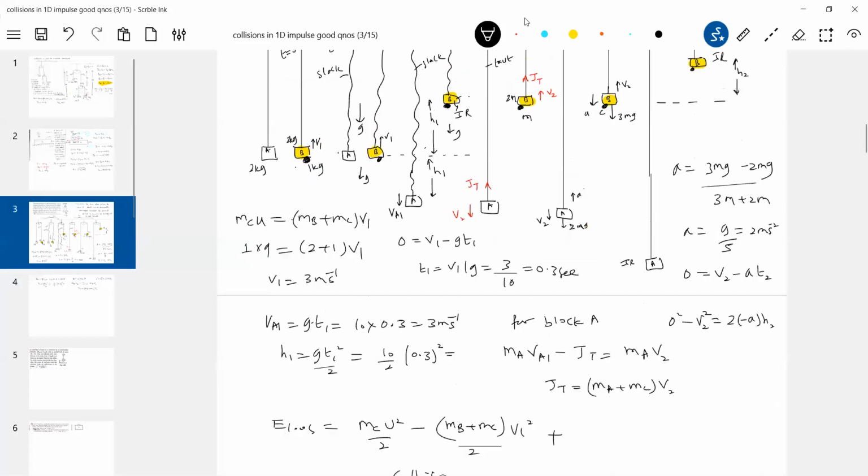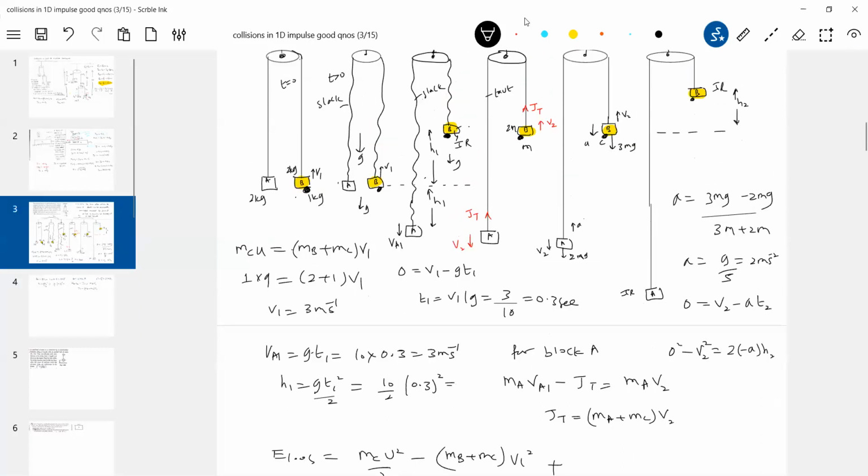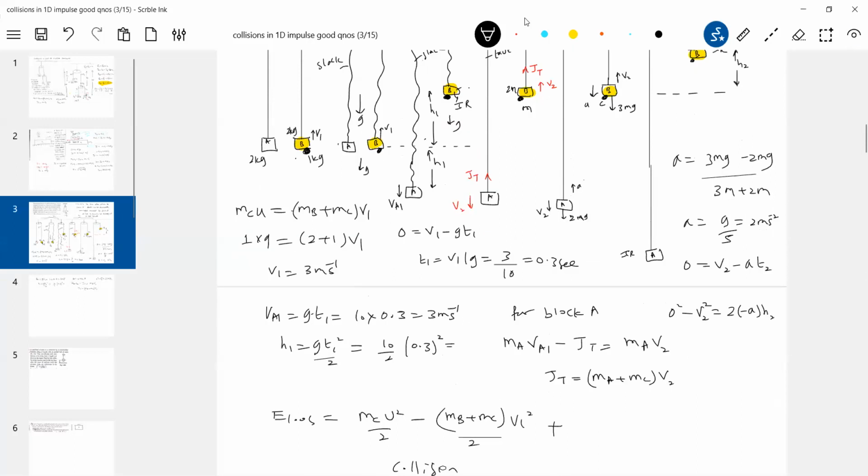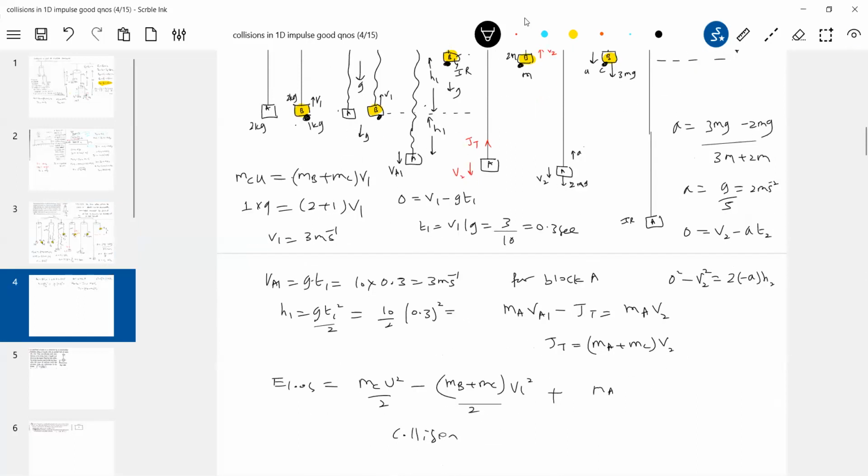Again, next, the string has suddenly become taut from slack. So what was the energy here? m_A v_A1 squared by 2 minus m_A v_2 squared by 2 plus (m_B plus m_C). So how should you interpret this?